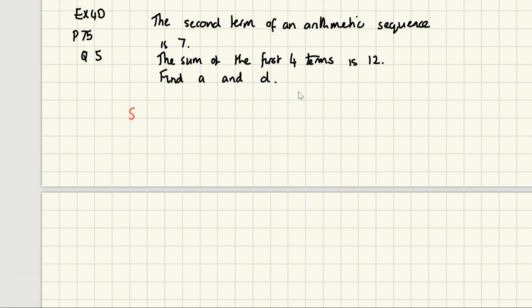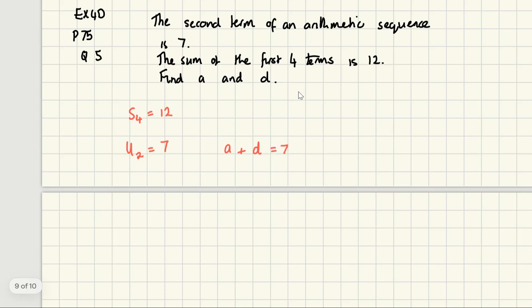The information we have is that the sum of 4 terms is 12 and the second term is 7. As soon as you're given that information, whether it becomes useful or not, you might as well write down the formula. So the second term is the first term plus 1 lot of whatever the d is.